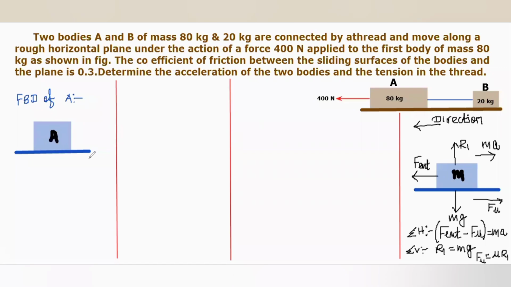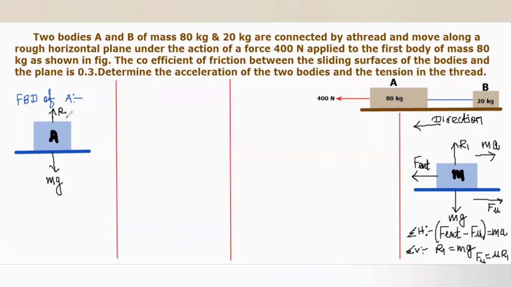As we discussed in the reference, its weight mg will act exactly downward, and an equal normal reaction R1 will act exactly upward.